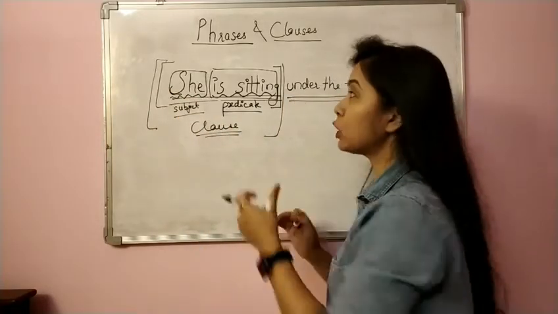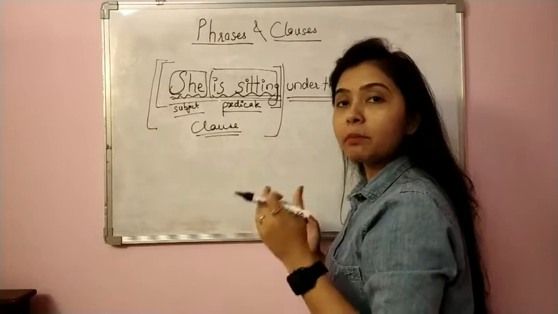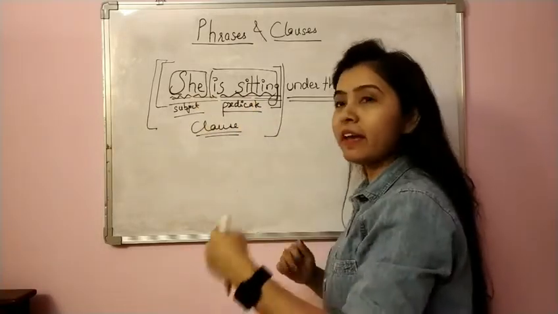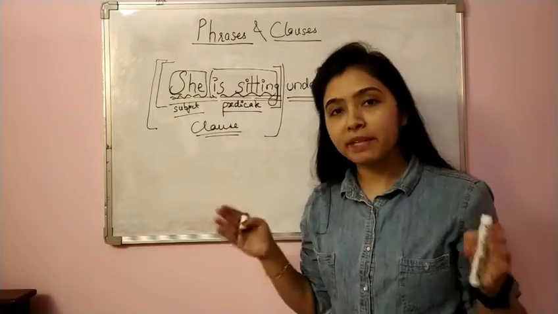That means that part of the sentence can stand alone because it has a complete meaning. शी इज सिटिंग, वो बैठी है, इसका अपने आप में ही एक कंप्लीट मीनिंग है.